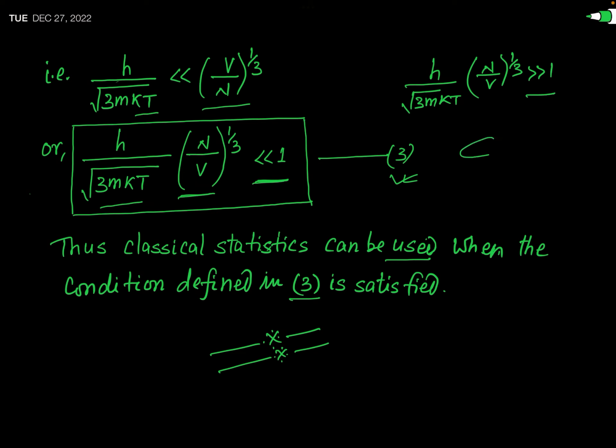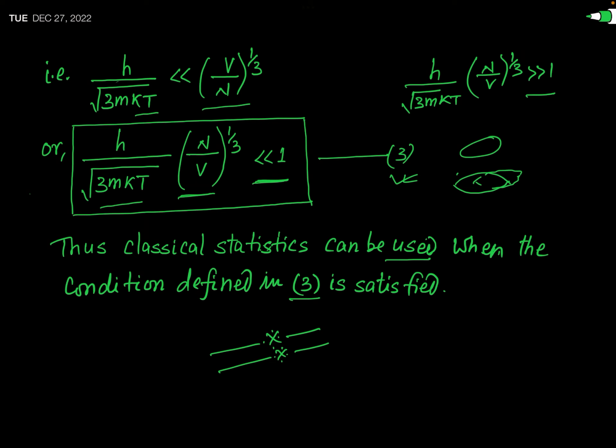In that condition, the wave packets of the different particles will overlap, and the particles will lose their individual identity. You can't distinguish between the particles or molecules. In that condition, you should apply quantum statistics to deal with that system. The system is already that gas, but it depends on the value of the de Broglie wavelength.